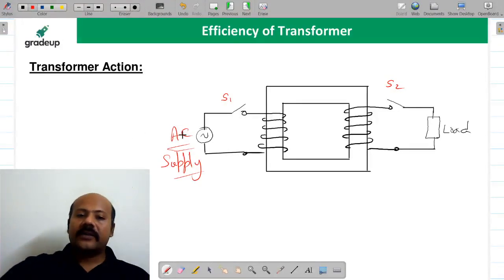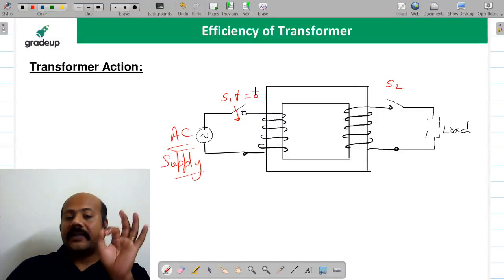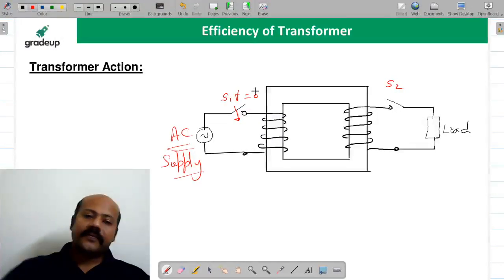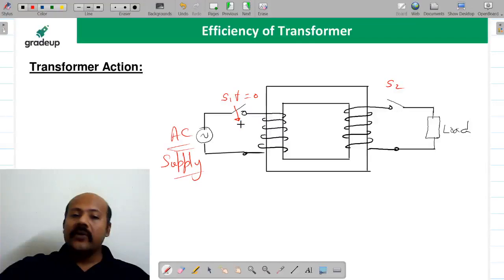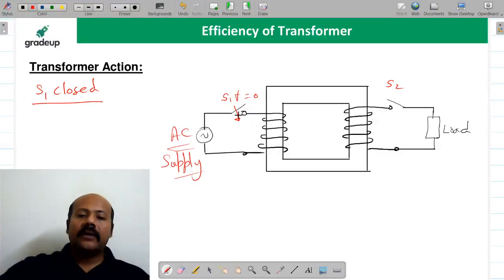Now please try to understand, if you are providing an AC supply here and suppose at some time you close this switch at t is equal to 0. Listen to me very properly. Very interesting phenomena is going to happen here. The moment you close this switch S1, because this circuit is complete, there is going to be some current here. Let it be I1.